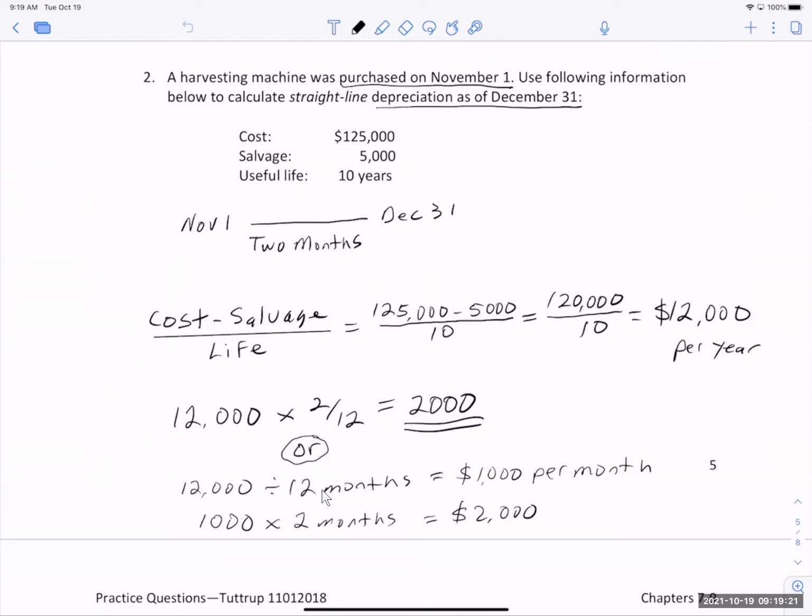You divide it by 12. That means you're supposed to be depreciating $1,000 per month. Well, we don't want just $1,000 for 1 month. We need 2 months. So we just take that per month figure, the $1,000 times 2, and you get the $2,000. Okay, so that's partial depreciation. You'll have to do that in your homework.